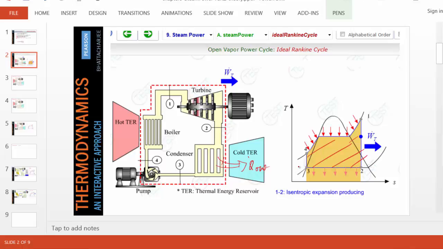We look at where the heat is added from state 4 to 1, and think of an effective temperature of heat addition, TH bar, and an effective temperature of heat rejection, TC bar, which in this case is constant.